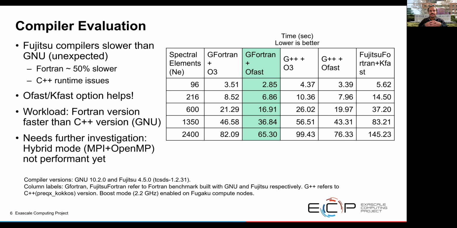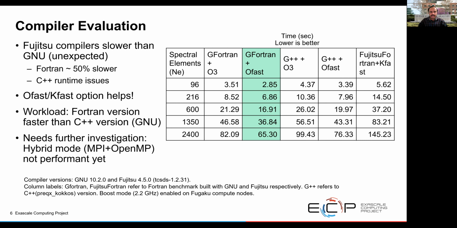We have embarked on a very detailed compiler evaluation using both testbeds and Fugaku. This is just briefly summarizing what we found. Fujitsu compilers were slower than GNU for Fortran, which was a bit unexpected because you expect the vendor compilers to outperform. There may still be additional options that we could try, and this may change.